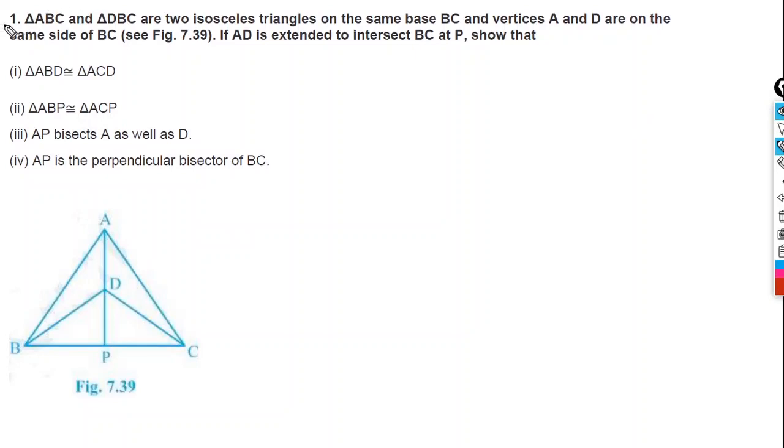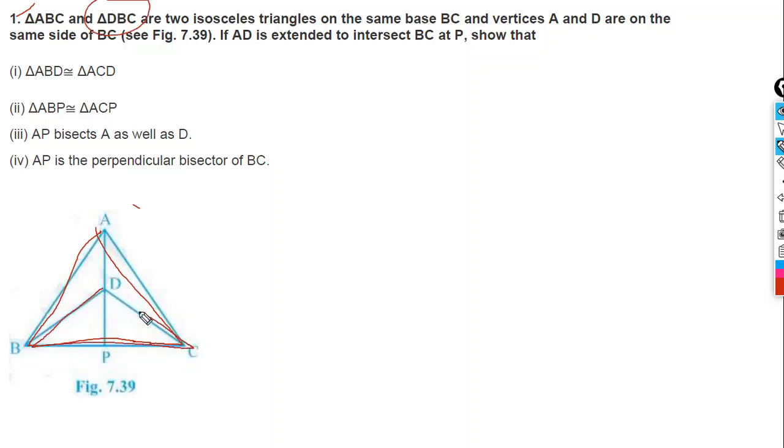Question number 1. Triangles ABC and DBC are two isosceles triangles. Look at the figure: this triangle ABC and triangle DBC. Where is DBC? Here it is.